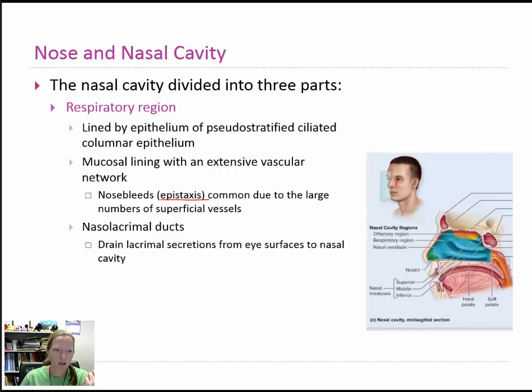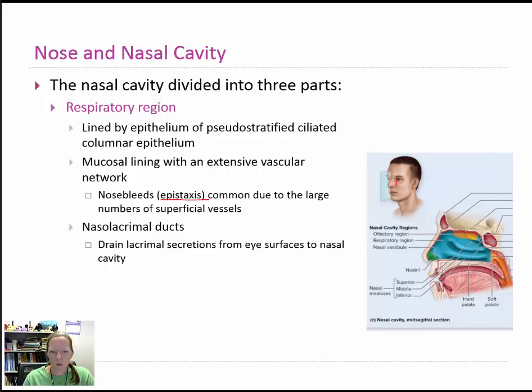But you should be able to go back to your sensory chapter, one of those nervous system chapters, to take a look, whenever you cover the eye, it covered the nasolacrimal ducts, and this is where the lacrimal secretions are going to drain from into the nasal cavity. So that's why when you do cry, you feel like you have a runny nose, because a lot of the lacrimal secretions, your tears, are going into your nasal cavity because of that joining right there.